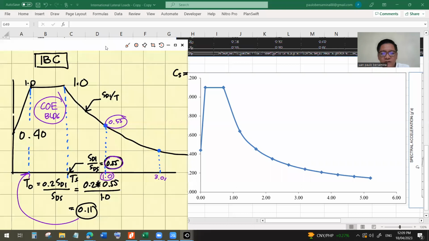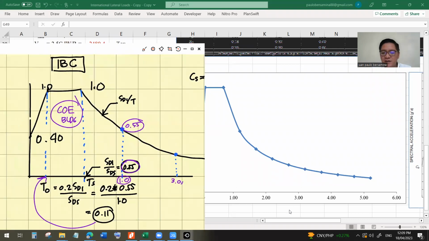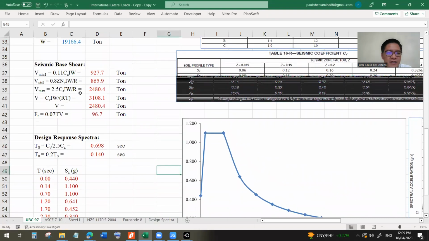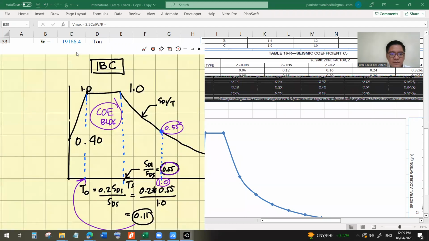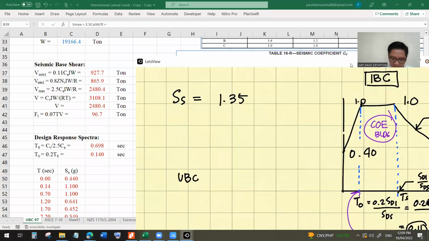Now, as to the coefficient, tingnan naman natin yung coefficient. No? Ano yung coefficient ng Vmax? So, 2.5 CAIW over R. So, titingin ko lang. So, UBC 97.